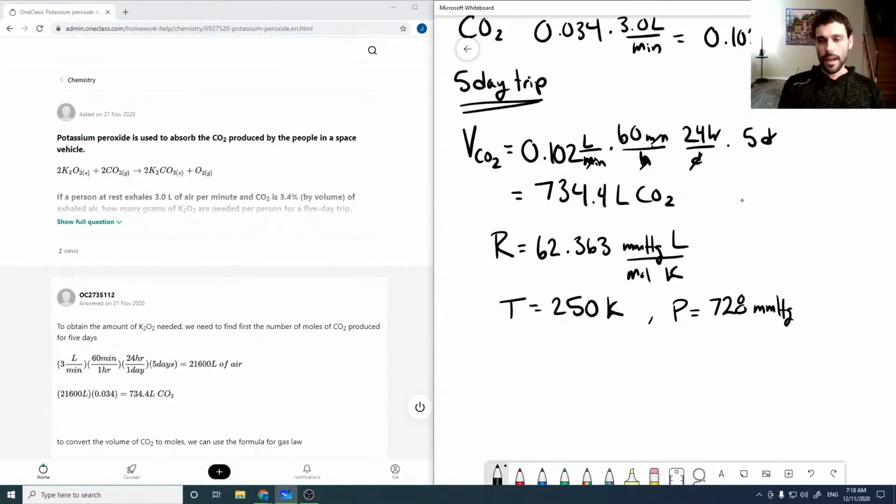So now with the ideal gas law, we can solve for the number of moles of CO2 that this involves.